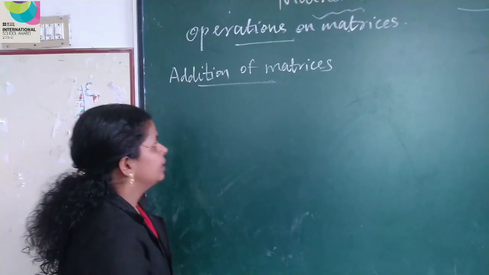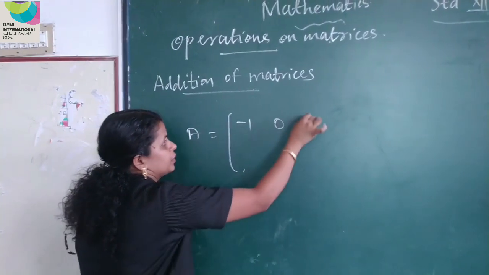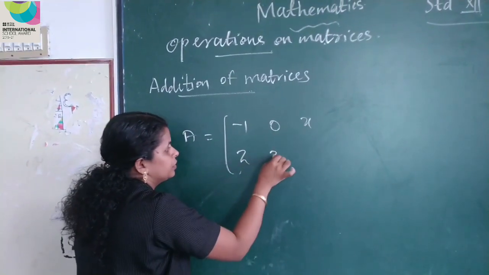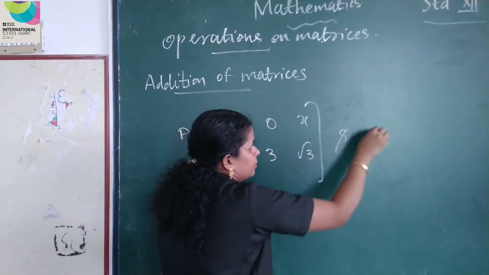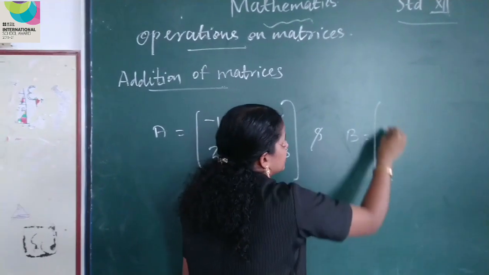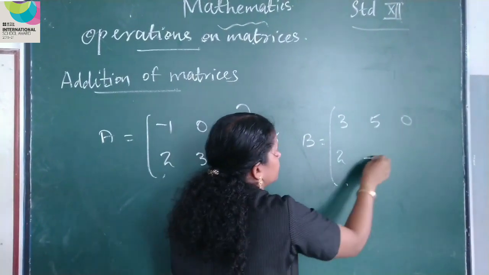For example, A equals minus 1, 0, x, 2, 3, root 3 and B equals matrix 3, 5, 0, 2, minus 1, 6.